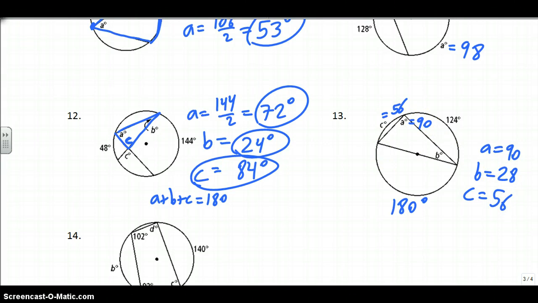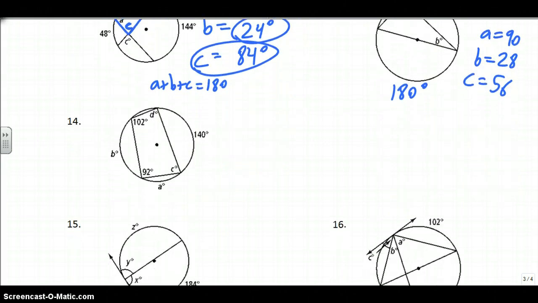Number 14 is a little fun because you have to imagine some things. First off, if we have a quadrilateral inscribed in a circle, then the opposite angles are supplementary. That means C plus 102 has to equal 180, and D plus 92 equals 180.